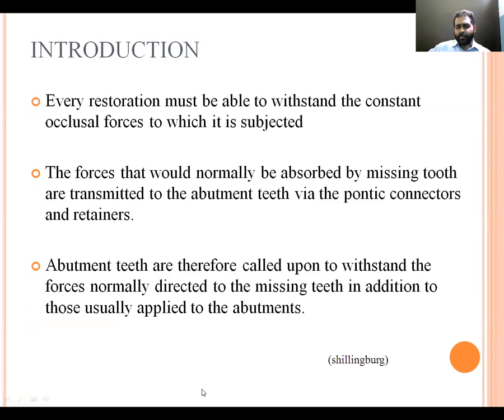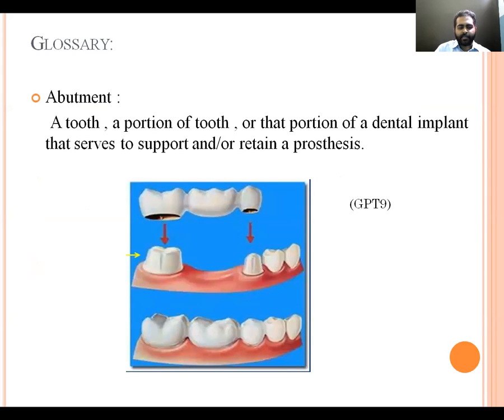Basically, the forces which would be tolerated by your missing tooth, that is your pontic, will all be transferred to your abutment tooth. So we make sure that the abutment tooth is strong enough to absorb all of the forces. It will withstand all of the occlusal forces constantly without failing your fixed partial denture.